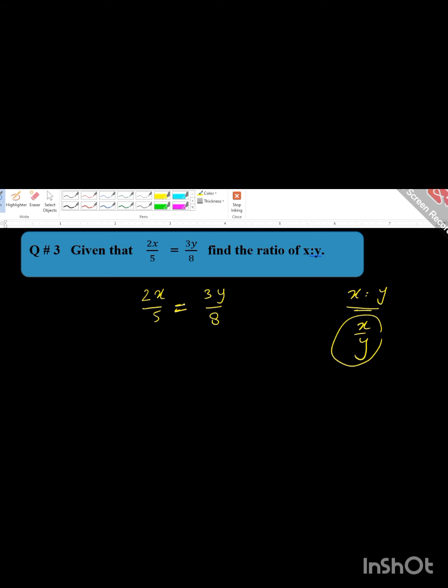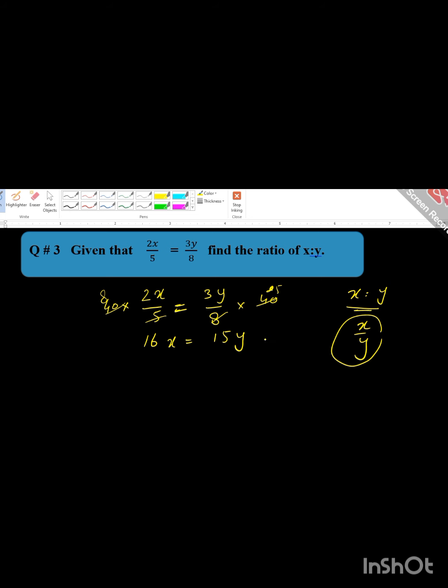What method do we use? You can use the LCM method in both cases. What is the LCM? 8 5s are 40, so we will multiply 40 on both sides, right? So 8 5s are 40 and 5 8s are 40. 8 2s are 16x is equal to 5 3s are 15y.